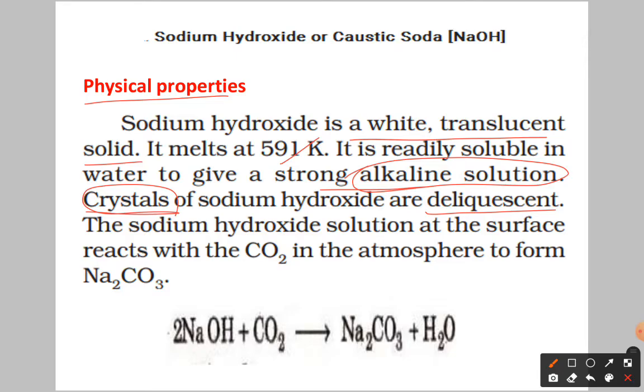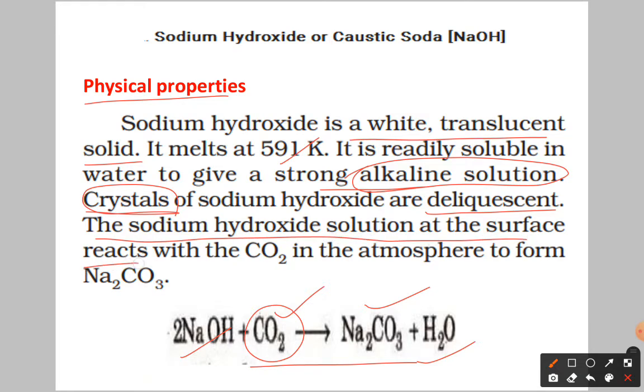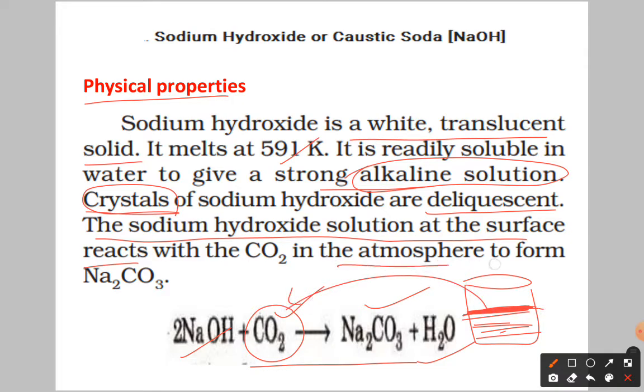When sodium hydroxide is present in the environment, it reacts with carbon dioxide. As you know, in the environment we have CO2. Slowly it converts to sodium carbonate and gives water. So if you keep a sodium hydroxide solution for a long time, at the surface it reacts with atmospheric CO2 and forms sodium carbonate.